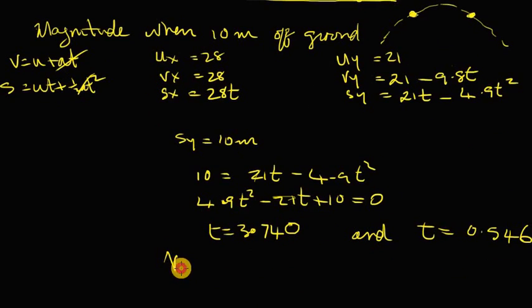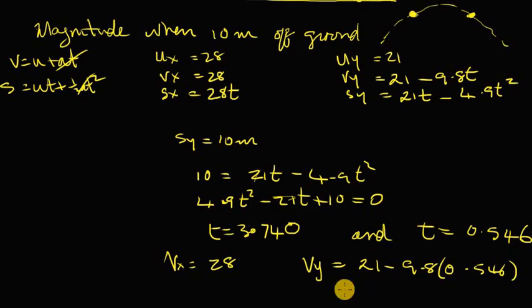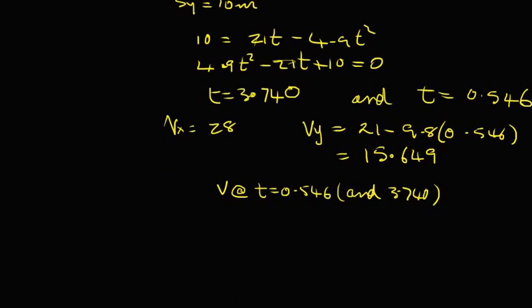So v of x is equal to 28, it doesn't change, and v of y is 21 minus 9.8 times 0.546, which gives me 15.649. So the velocity of our projectile at t equal to 0.546 seconds is the same as at 3.7, and we can check that as well.